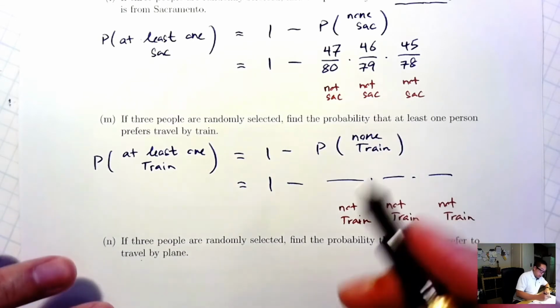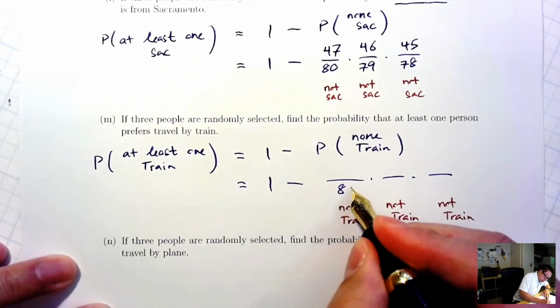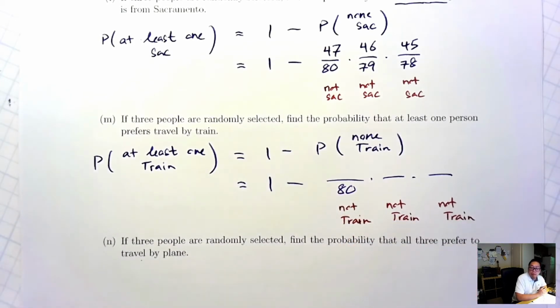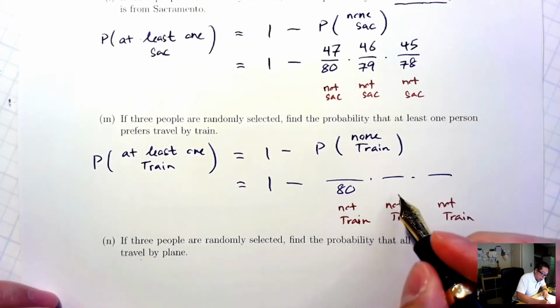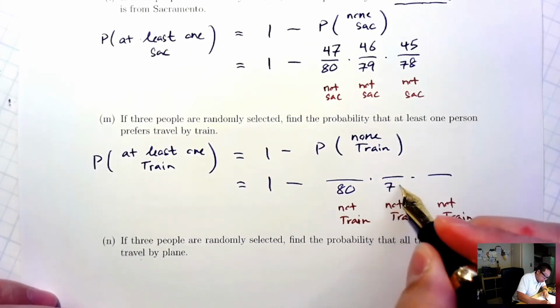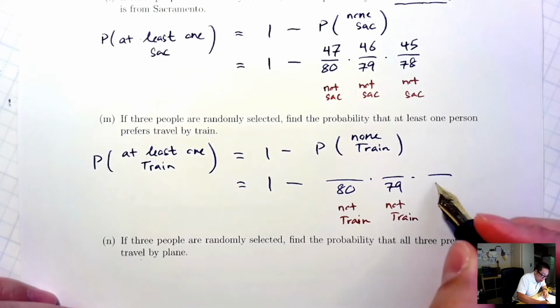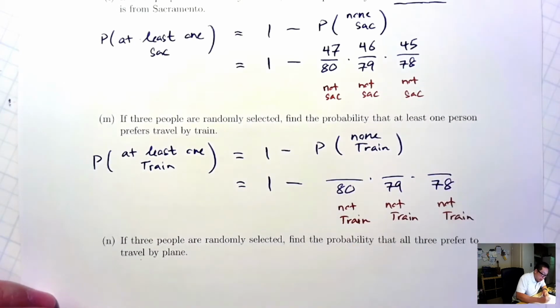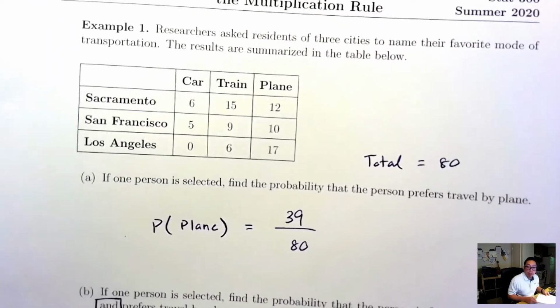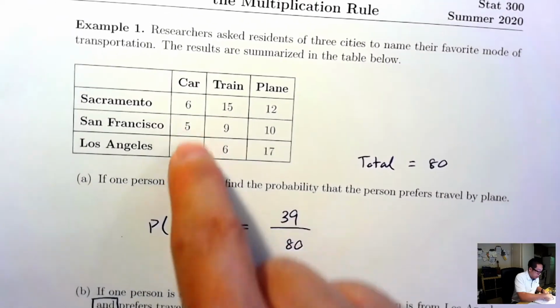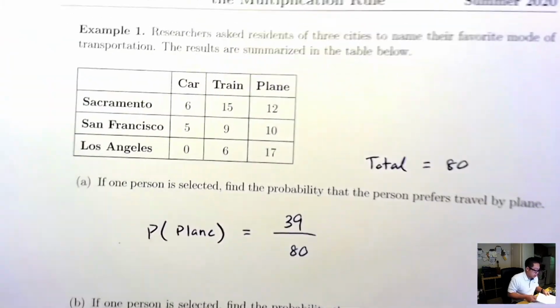Okay, first fraction is going to be out of 80, because that's the total from everybody. And then second fraction, the bottom is going to go down by 1. And then the third fraction by 1 again, so 78. Okay, top. How many people are not trained? Not trained would be 6, 5, 0, 12, 10, 17.